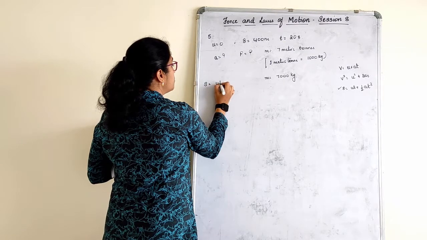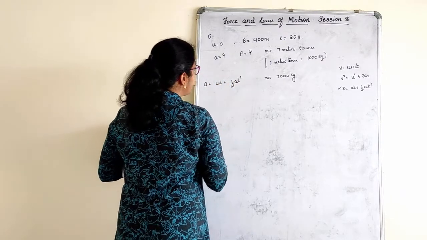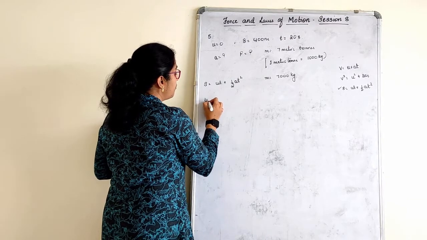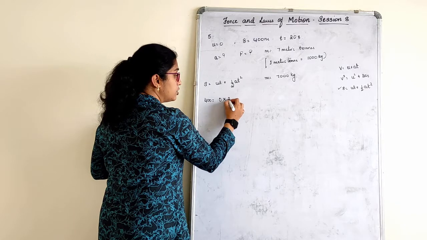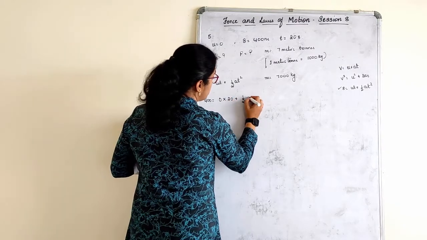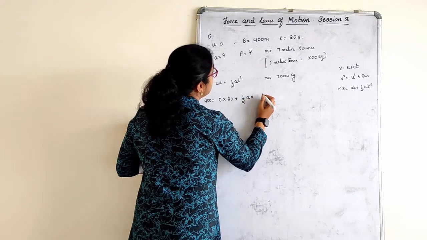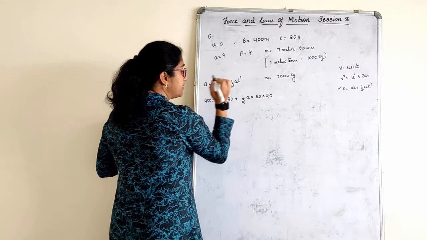s is equal to ut plus half at square. So s is 400, u is 0, time is 20, plus half into acceleration, that is what we have to find, and time is given as 20 seconds, so 20 into 20, t square.